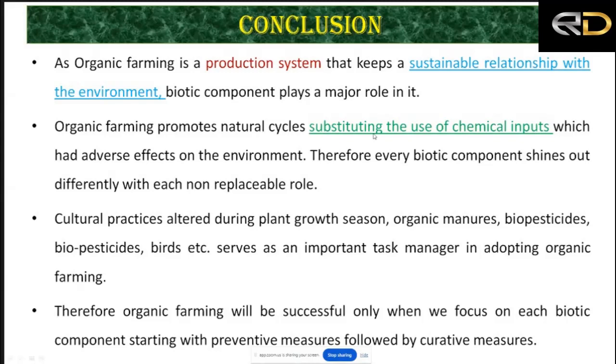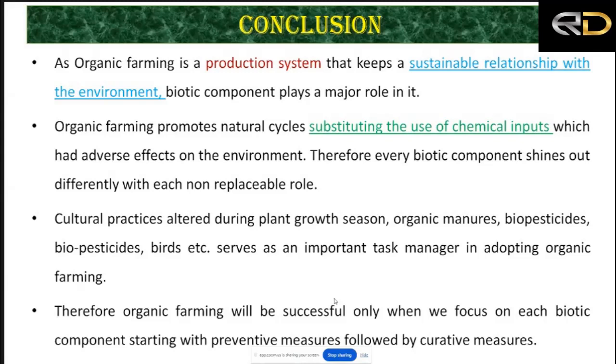That is why we need to focus on the biotic components of organic farming. Organic farming will only be successful when we focus on each biotic component, starting with the preventive measures, trying whatever we can, followed by curative measures.